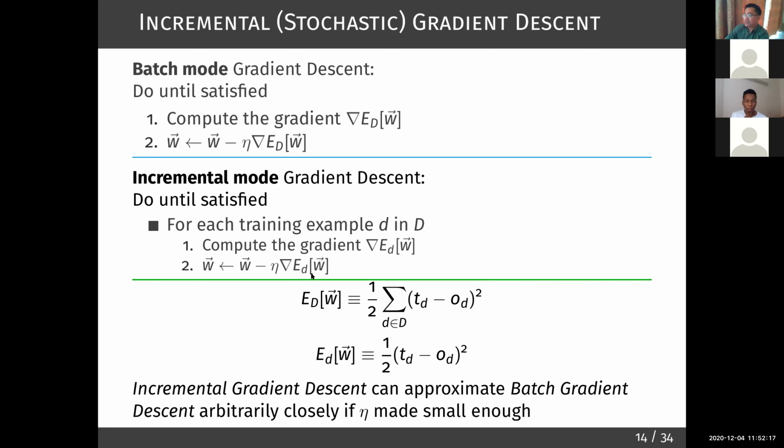For example, here we take the summation over the big D, the summation of the squared error over all the D's. So if there are four items in the data set, it will be for i equal to 1 to 4.